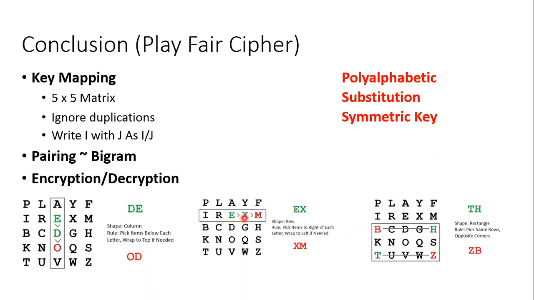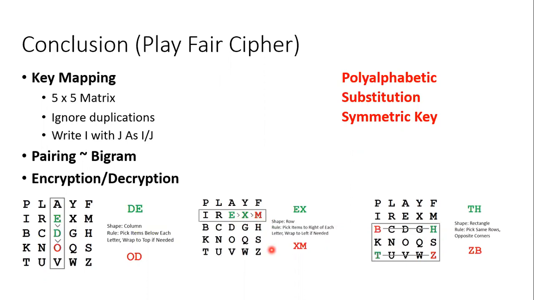For E we write X, and for X we write M for encryption. And for decryption we have XM. So for X we write the character on the other side in the ciphertext: for X we write E, and for M we write X.